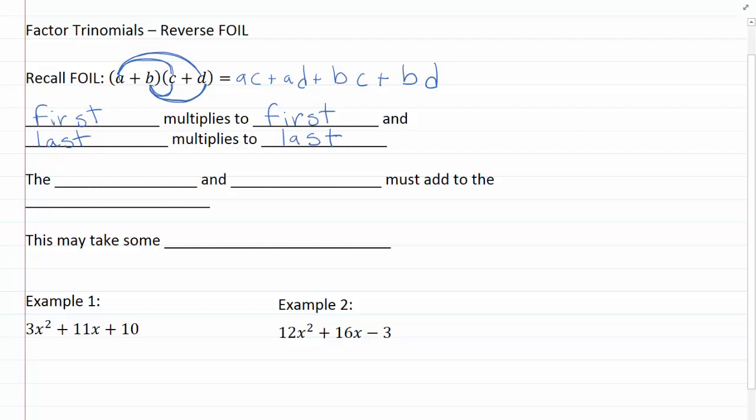Now, in a lot of cases, when we're dealing with trinomials, we're going to end up having something in the middle here where the terms will be in common and we'll be able to add them together. So in that case, the outside and the inside must add to the middle.